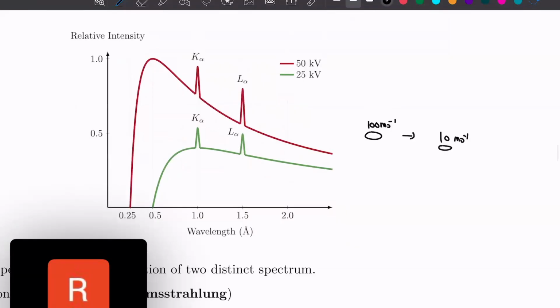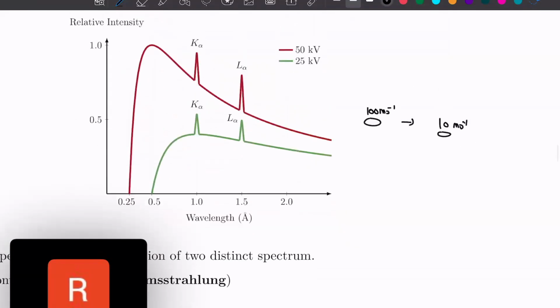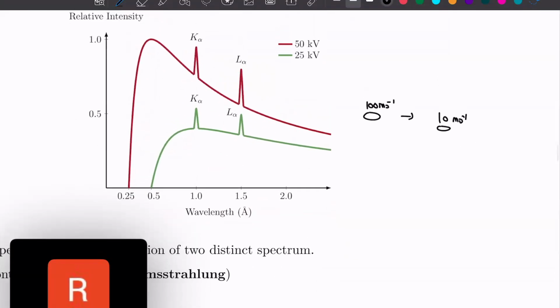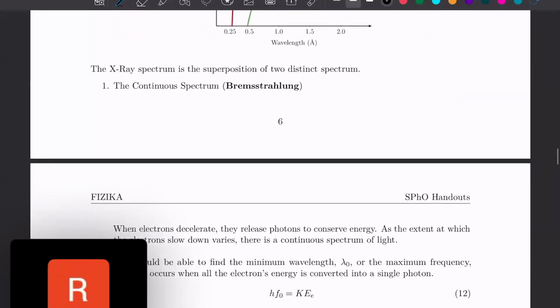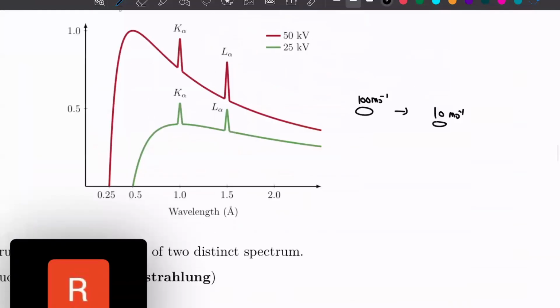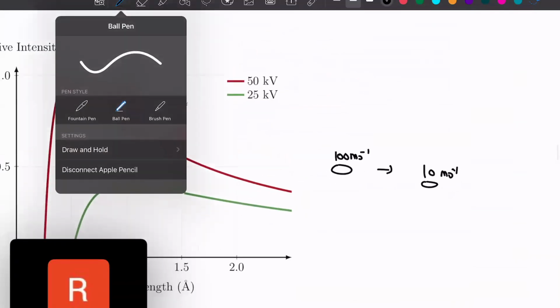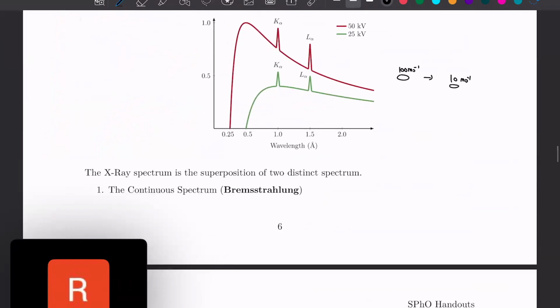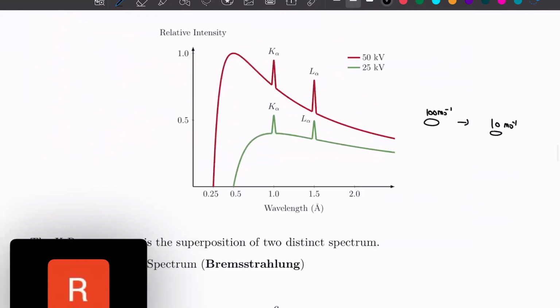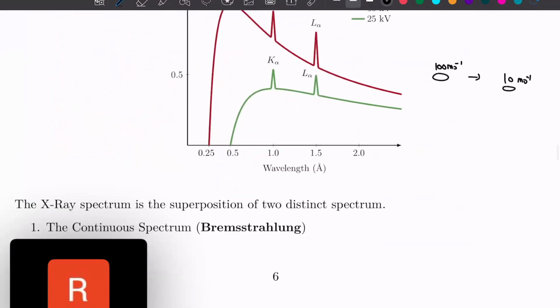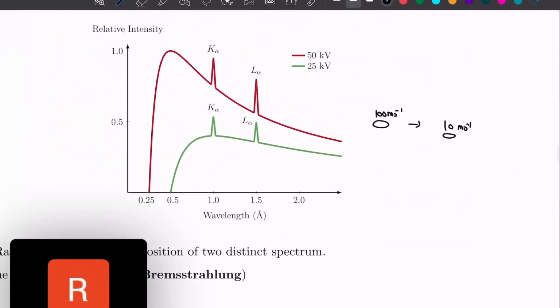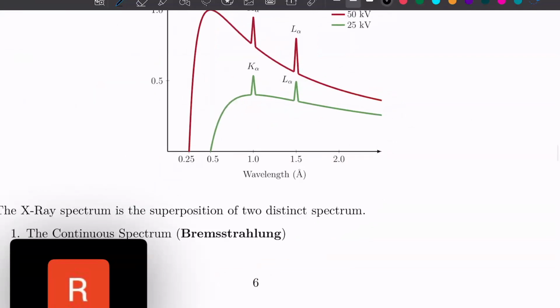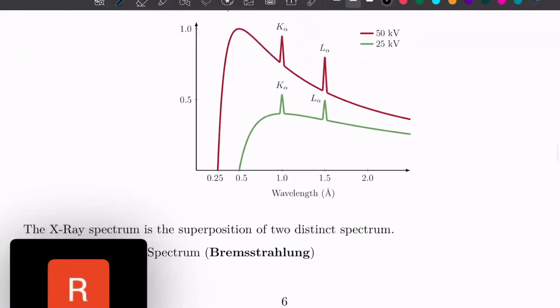And these photons exist in the X-ray spectrum. Their frequency is as such. So that's why they call it braking radiation, because when the electrons decelerate, they release photons that have X-ray frequencies. So that's how the Bremsstrahlung spectrum comes.